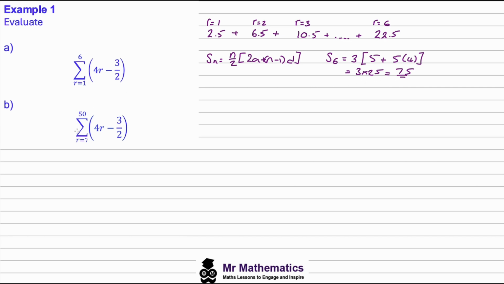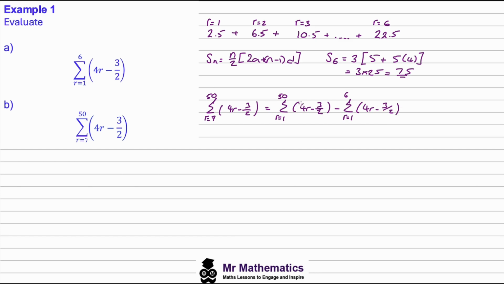And then for part B, now we need to work out the sum of the terms between the 7th term and the 50th term. So if we write this as between the 7th to the 50th term, this will be the same as between the 1st to the 50th term minus the sum of the first 6 terms of that same series.